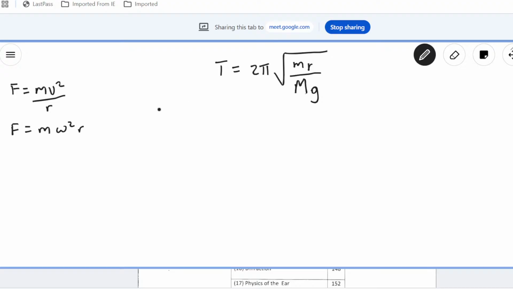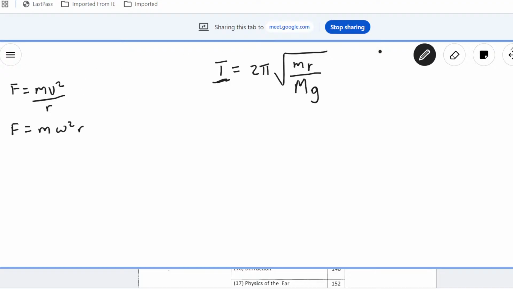Based on the end result you're supposed to get, you'd have to make F equal to mass times gravity and then change omega squared into 2 pi over T. So T is in omega.